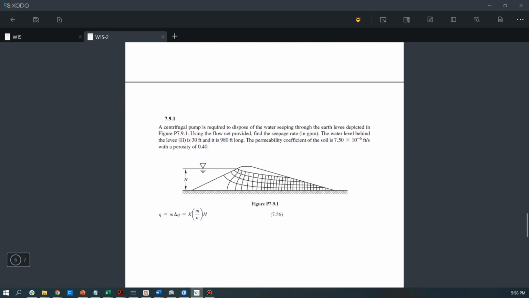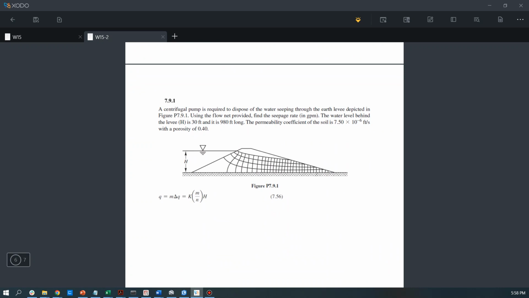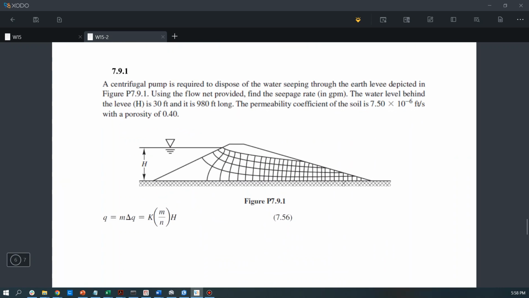Now, let's move on to the last problem for this entire semester, that is the problem 7.9.1. We need a centrifugal pump to dispose of the water seeping through the earth leaf depicted in the figure down here.